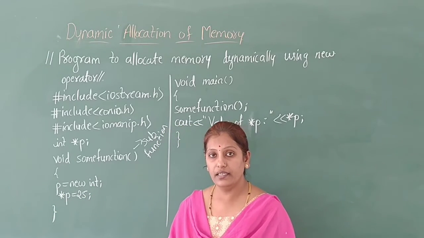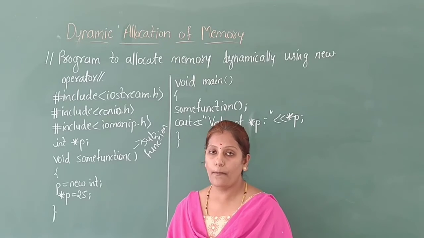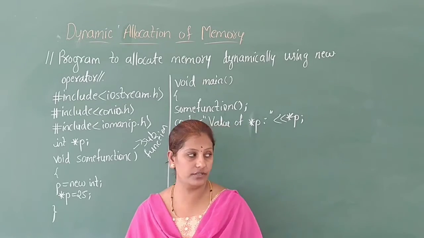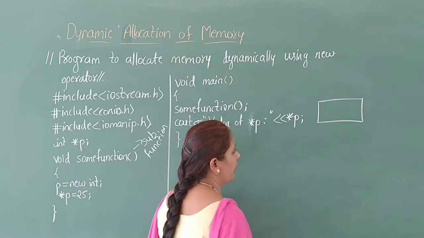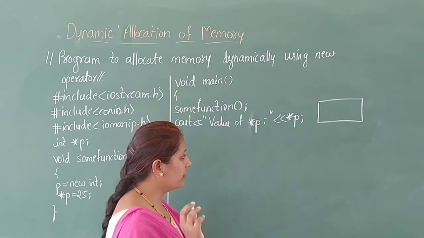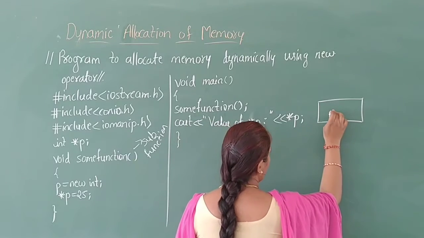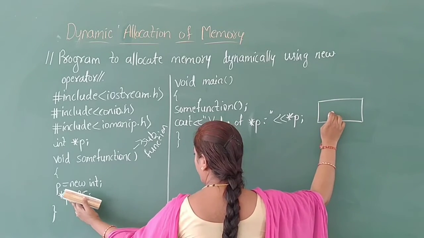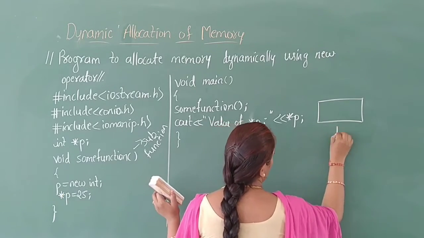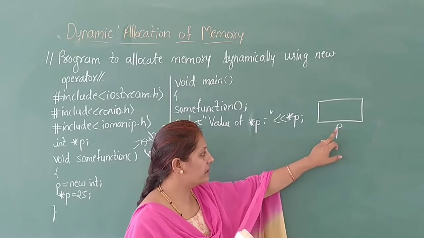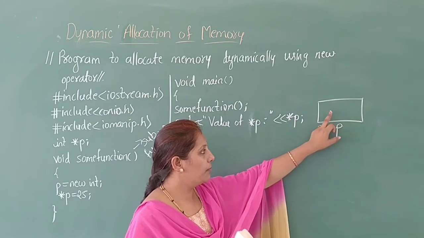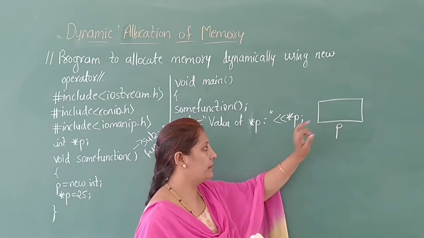Then it allocates new memory for an integer internally, and this new memory is pointed to by pointer p, making pointer p point to the new memory.